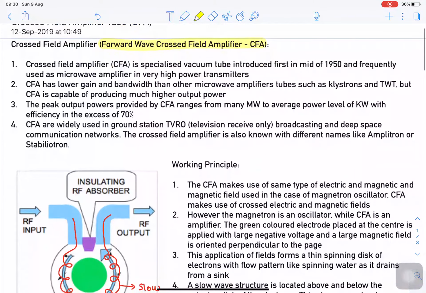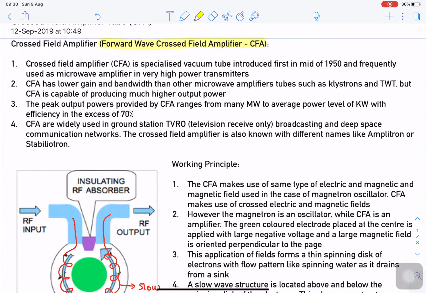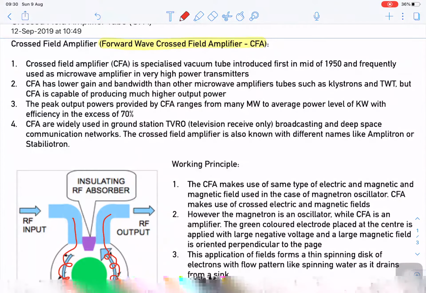And this particular tube, as the name itself indicates, makes use of two perpendicularly oriented fields, right? So here the cross field amplifier is essentially utilized as an amplifier of the microwave. In earlier primitive type of tube, we saw traveling wave tube as an amplifier.